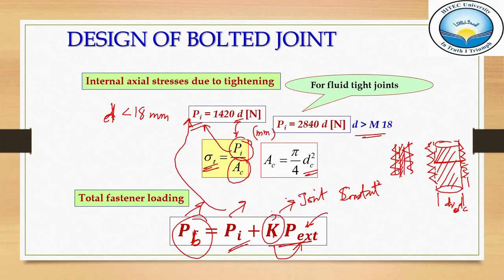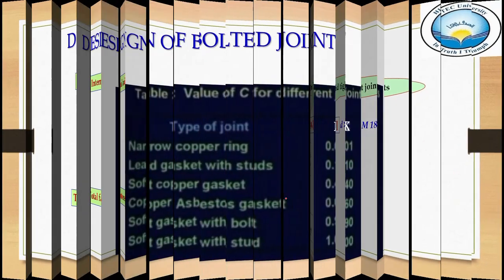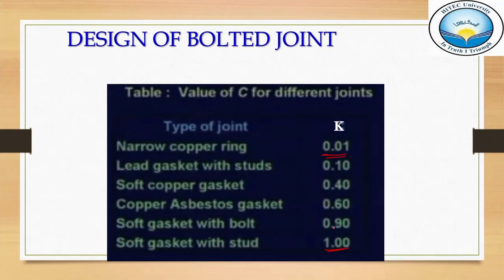But if you use a soft material like asbestos, or a simple cardboard, the kind used for seals, or rubber seals, the softer material generally does not carry as much stress as the hard materials, and that's why K values for these materials are generally higher, which means the load on the fastener is generally higher.